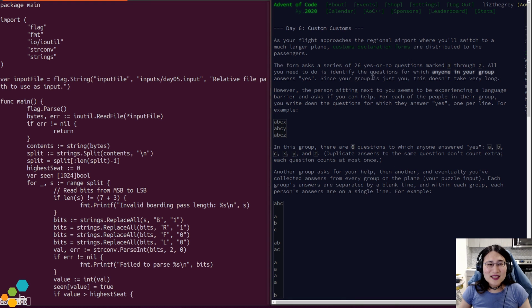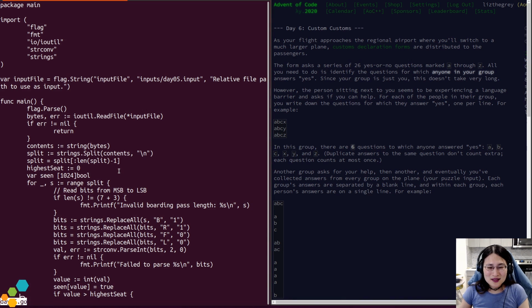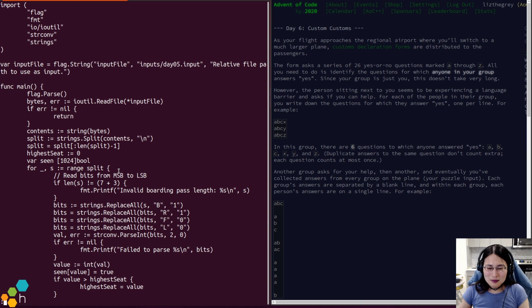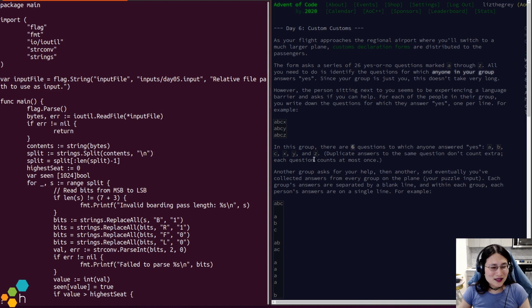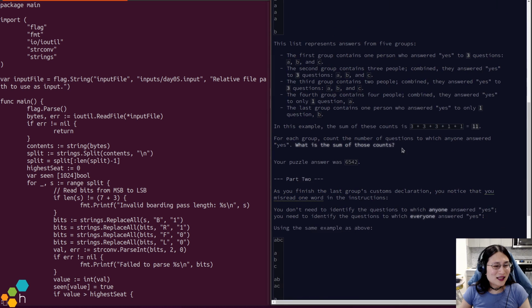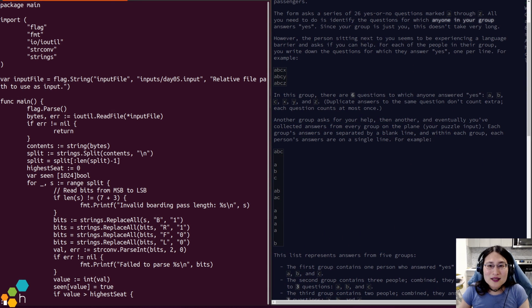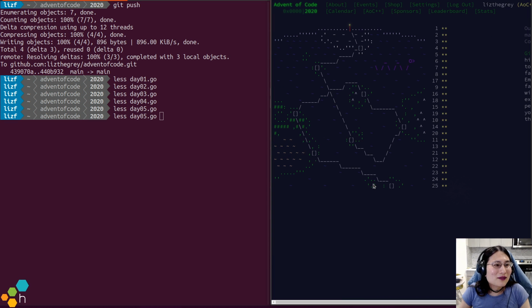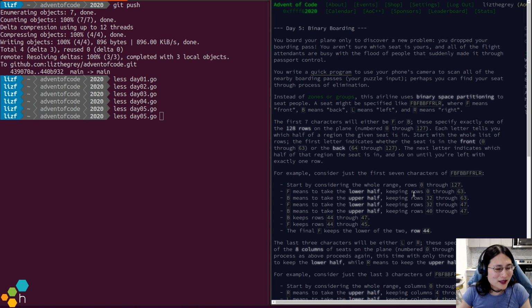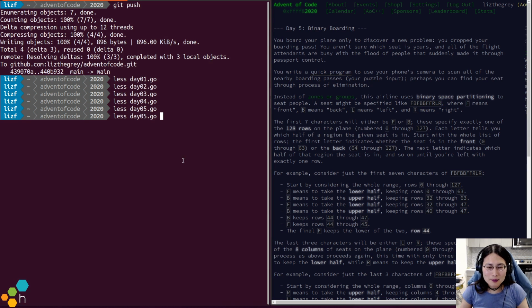In day number 6, this was basically handling bit arrays, and specifically, wait, oh, we skipped over day 5. I accidentally skipped day 5. Okay, day 5, the title was a clue, binary boarding, to either do a binary search or to just interpret the number as a binary number.